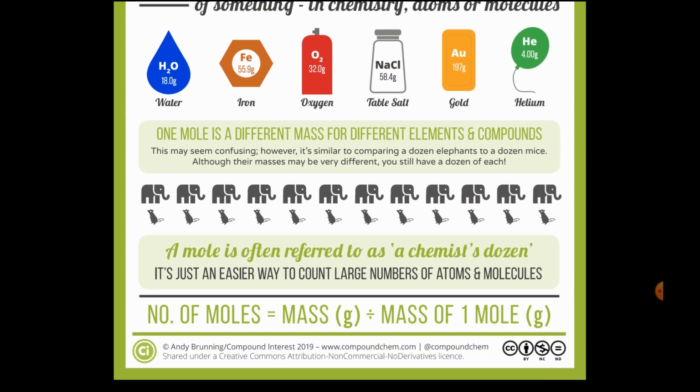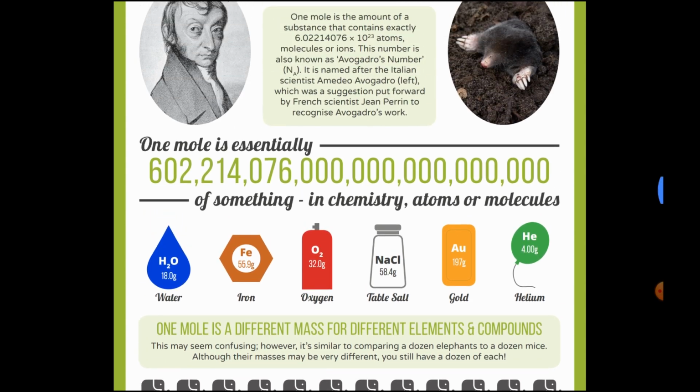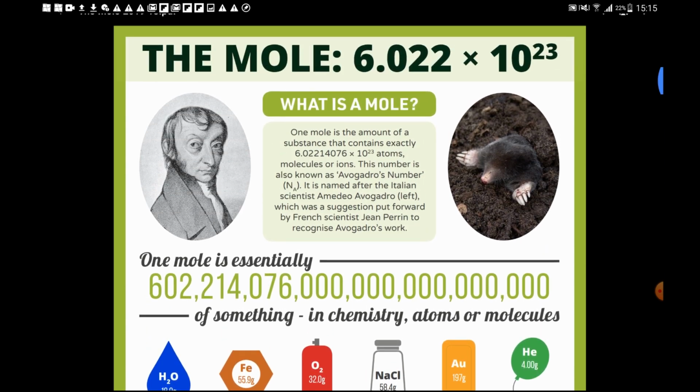A mole is, like I said, often referred to as a chemist's dozen, and it's an easy way to count very large numbers of atoms and molecules. Then we're going to look at a calculation. To work that out, you take the mass divided by the mass of 1 mole, the molar mass that you will find on the periodic table. We're going to look at those calculations just now.